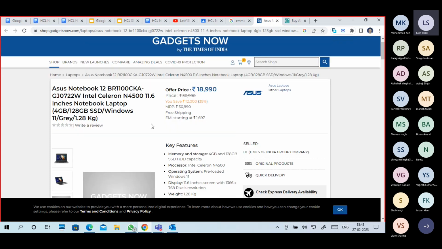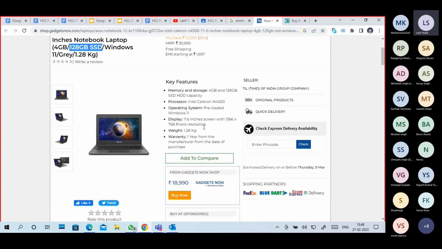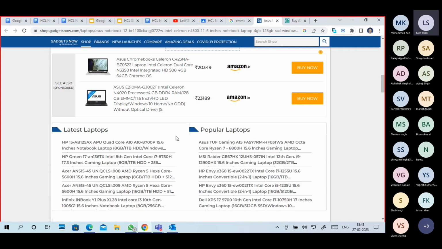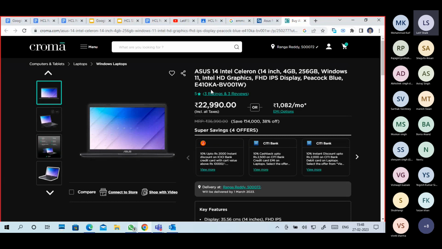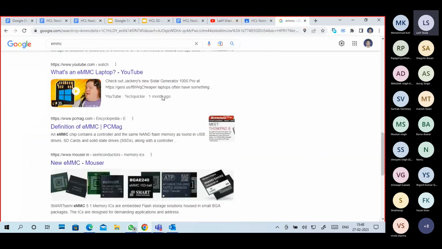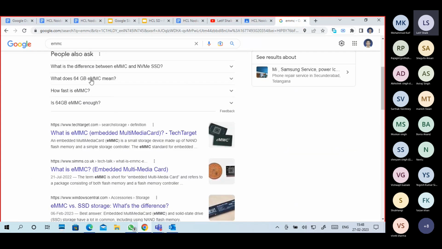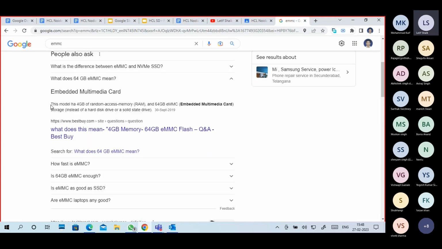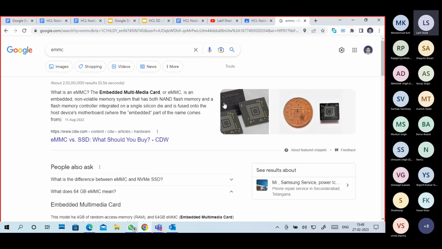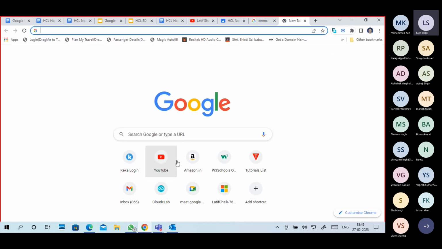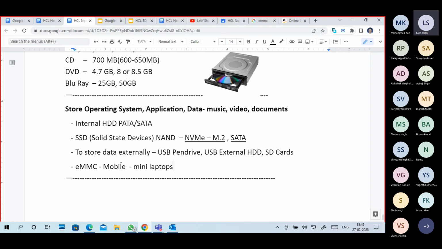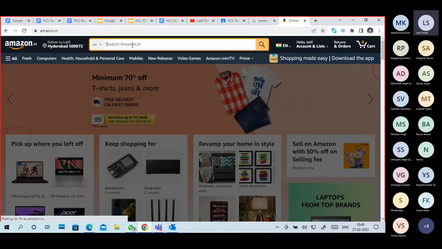If you buy a laptop, mainly mini laptops, they give SSD type storage. But in a mini laptop, as with mobile phones, the internal memory is eMMC only. It occupies very little space.